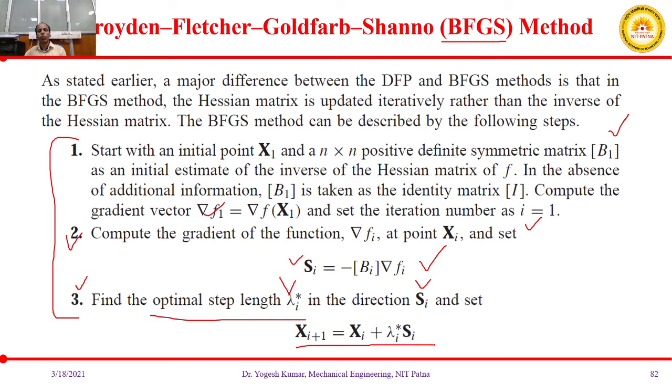How do you calculate it? You set xi plus 1 equal to xi plus lambda star Si, put the values in the function, and equate the derivative of the function with respect to lambda to 0. We have done this process repeatedly many times, so let us not elaborate much.